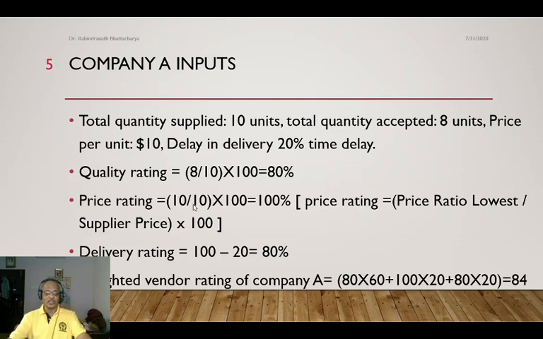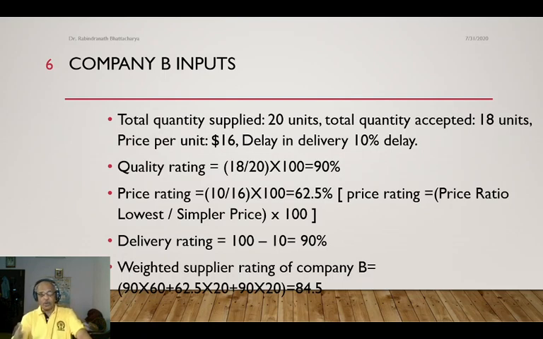Price rating, I assume here that he is giving me the best price out of all the suppliers, so it is 10 by 10 into 100, 100%. Delivery rating is 80%. Now I multiply the weightage by these numbers, quality rating 80 into 60, then 100 into 20, 80 into 20, so it gives me 84. So out of 100, this company A has got 84.